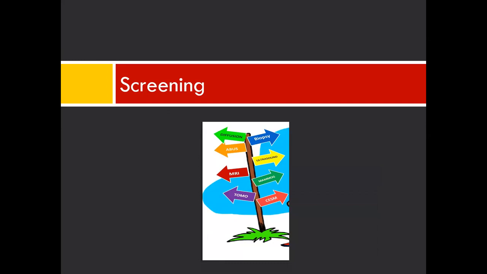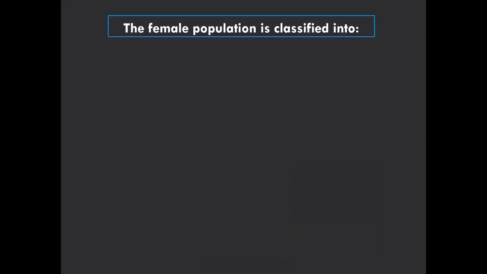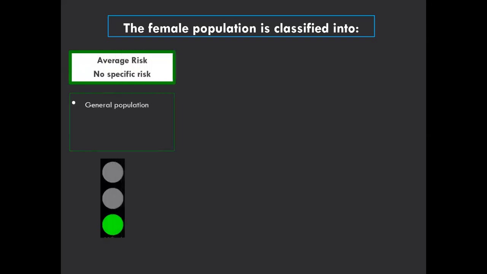The first scenario that we will discuss is screening. I usually tell them that in screening, we follow the traffic lights, where the female population is classified into average-risk individuals with no specific risk for developing breast cancer. This group usually includes most of the female population.